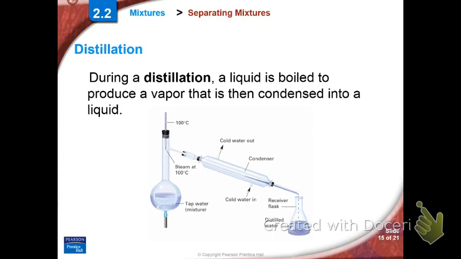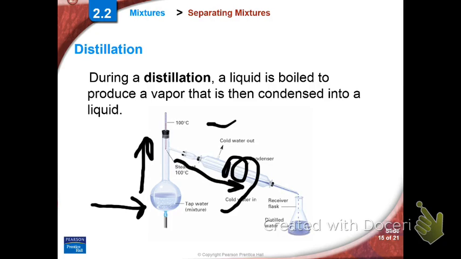During distillation of the tap water down here, we're going to heat it with the flame, and it's going to turn into water vapor. That water vapor is going to rise. The water vapor is going to go through the condenser where it's cooled off because there's cold water going in around that.